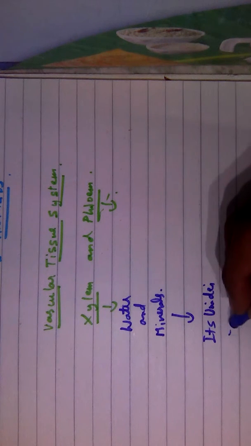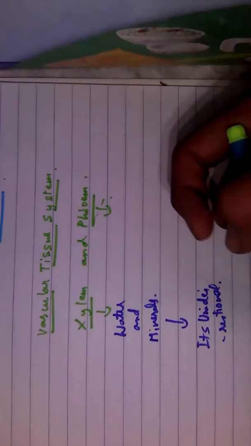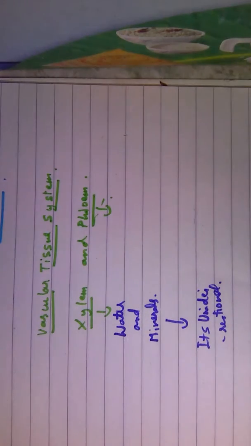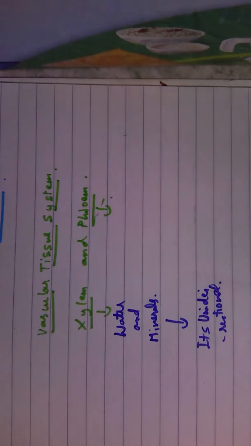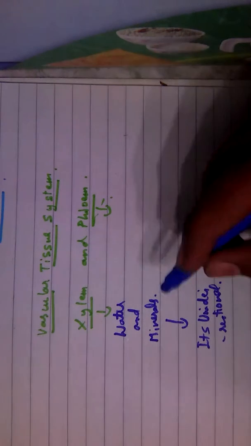Unidirectional means it just goes up and doesn't come down, because only the roots absorb the water, so it doesn't need to come down again. That's why it's unidirectional.